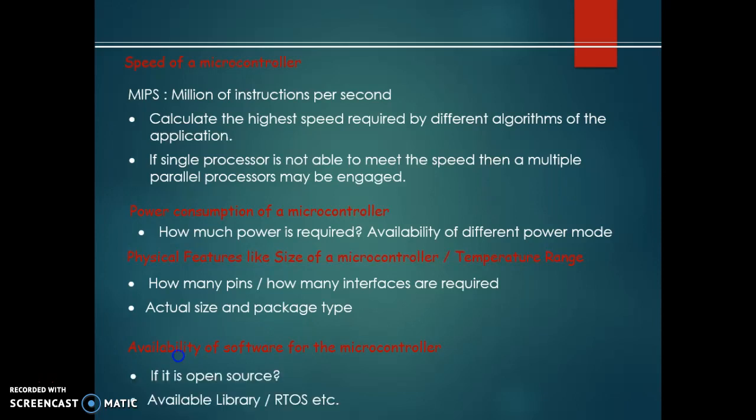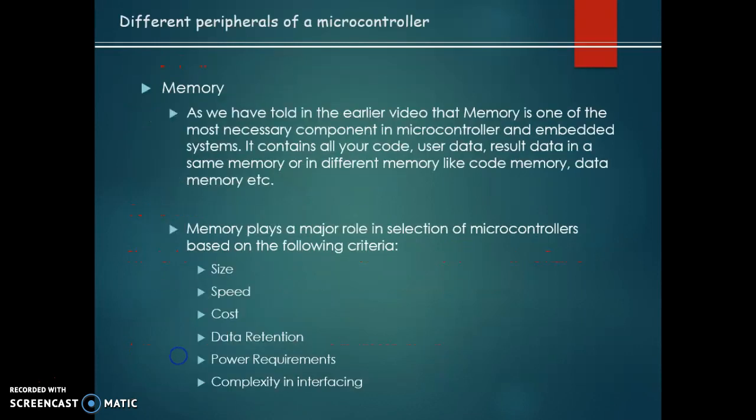You have to check whether open source resources are available, like free libraries or a free RTOS. If you get that kind of free access, then obviously it will be much easier for you to develop the entire system, right?